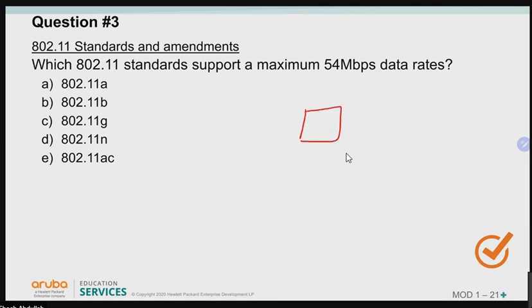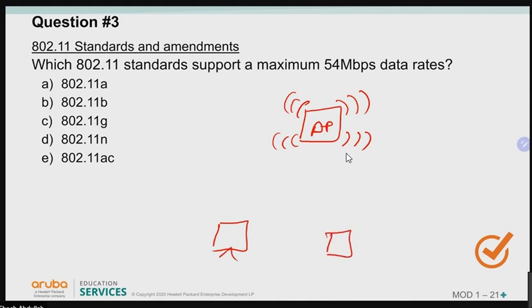Let's take an example. You've got an access point here, and you've got these two clients. They are connected, and they have successfully authenticated to the access point. Now they want to access certain resources.